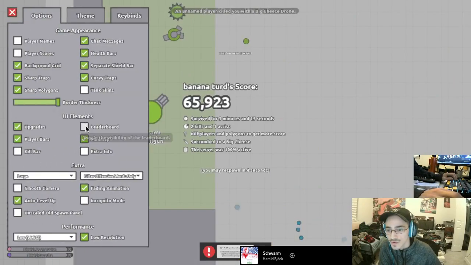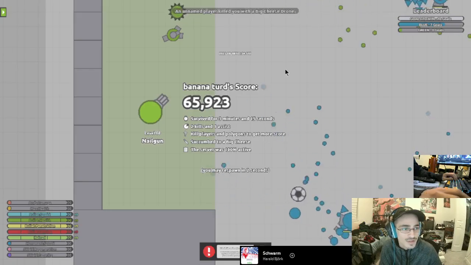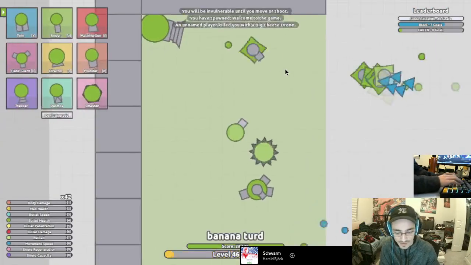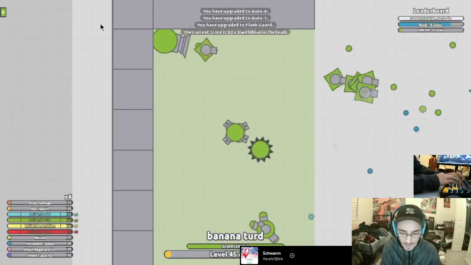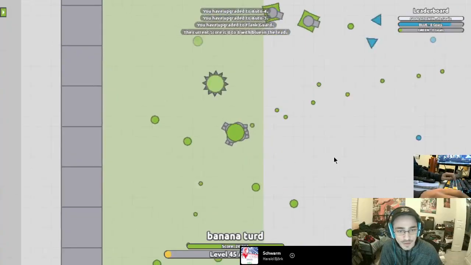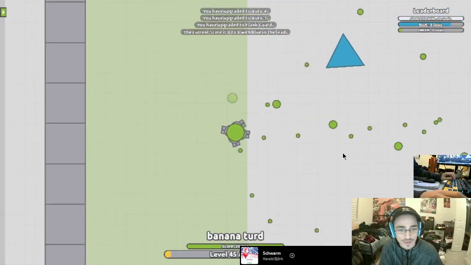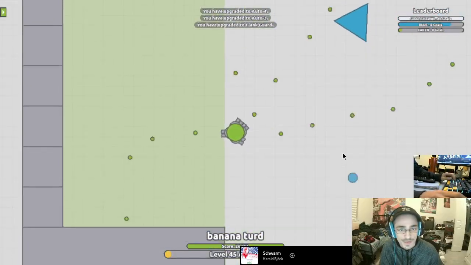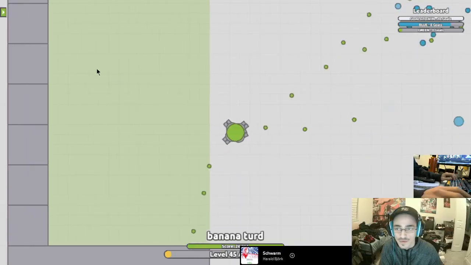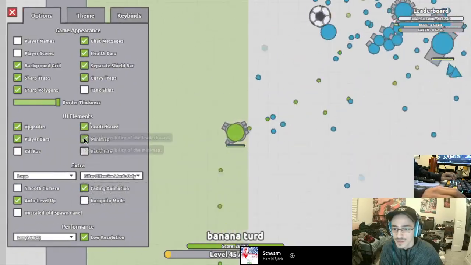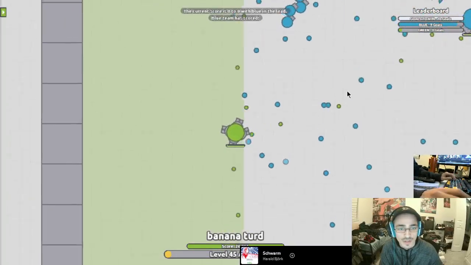Well, let's keep the leaderboard anyways. The auto shoots by itself, so this will be handy for just aiming. Let's take off the mini-map so we can see better.